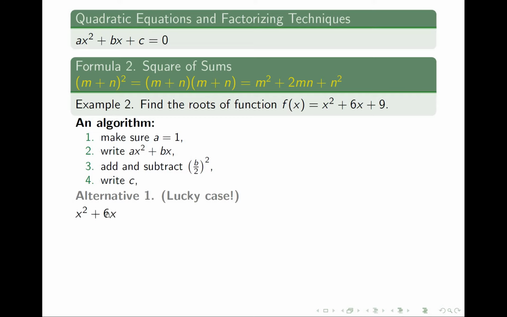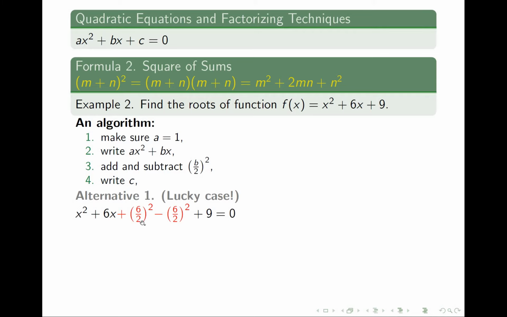Of course b equals 6, so we add and subtract (6 divided by 2) squared. As you can see here, the sum of these two terms is 0, so we did nothing illegal. And then we write the coefficient c, and since we would like to find the zeros, we put this equal to 0.